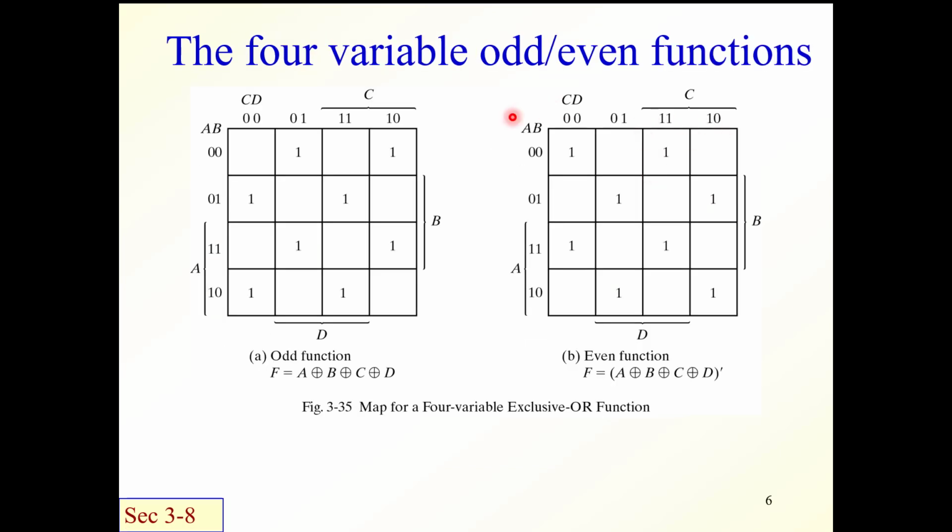The same thing goes for 4-variable odd and even functions. This is the odd function for 4 variables, and this is the even function for 4 variables. Notice that they are the complement of each other. This one here is the complement of this.